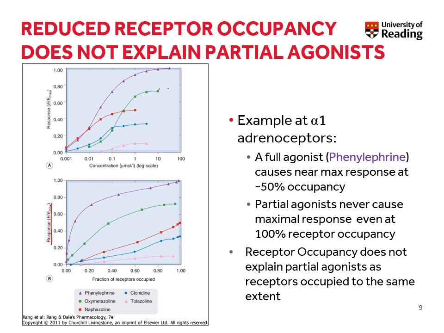In other words, partial agonists can occupy receptors to the same extent as full agonists. The reason they're not causing a full effect is because they basically have lower intrinsic efficacy. They're unable to produce the response in the same way as the full agonist. And there could be lots of different reasons why that is.